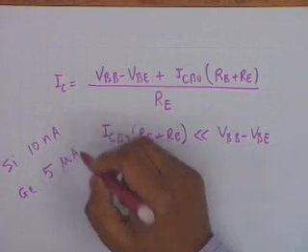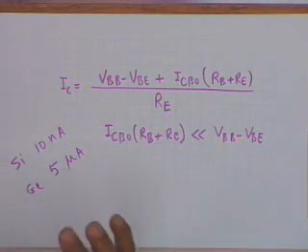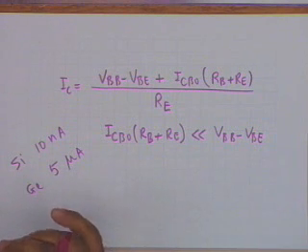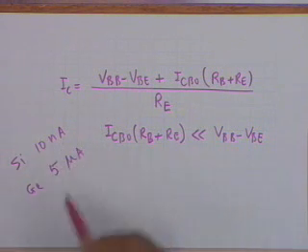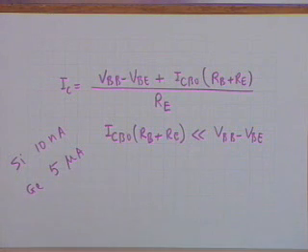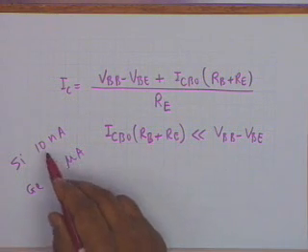A microampere in relative terms is a small quantity, but relative to 10 nanoamperes, obviously 5 microamperes is a large quantity. 5 times 10 to the minus 6 and 10 times 10 to the minus 9.